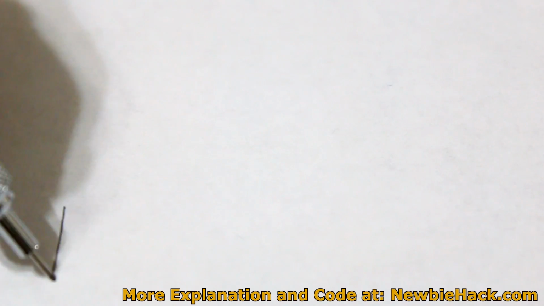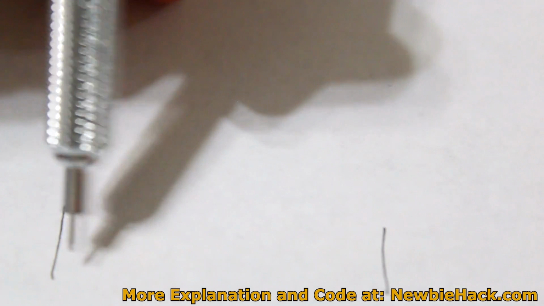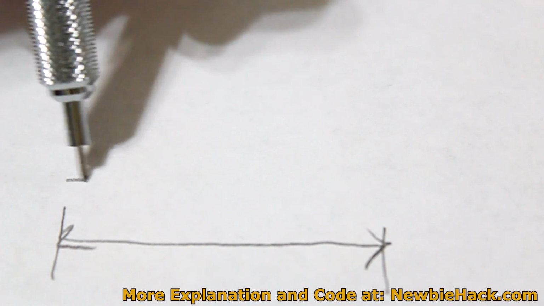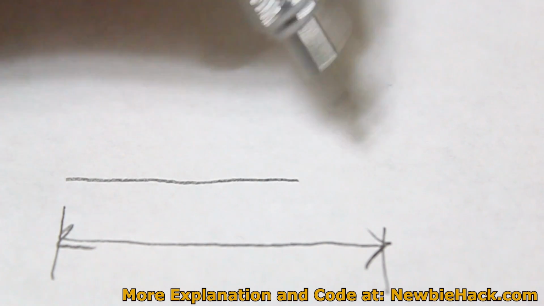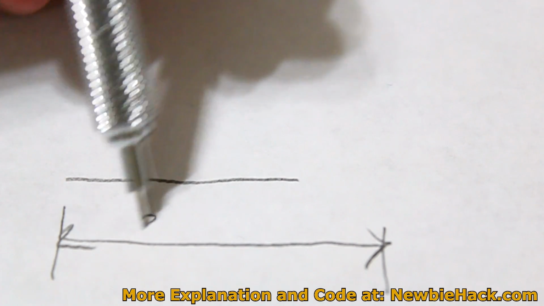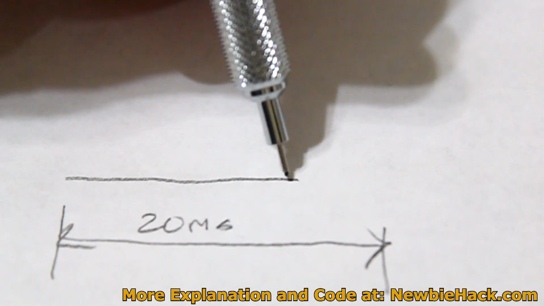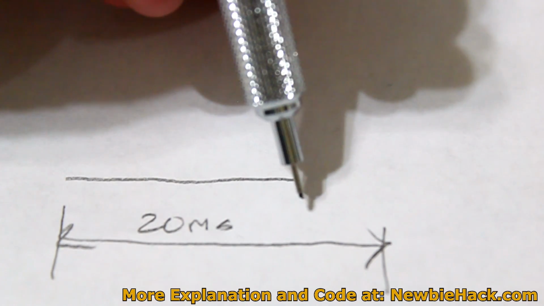With servos, we only need to have a specific time period, and the period is actually going to be 20 milliseconds, and the pulse is going to be between 1 millisecond and 2 milliseconds.